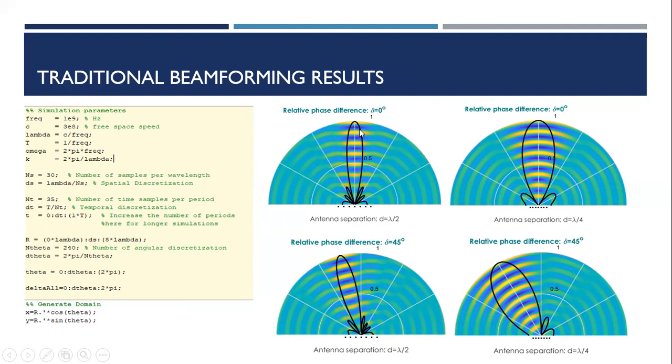As you can see, if the beam is narrow, meaning it has a low HPBW, then the propagating signal would be much more ideal for the far away users in that direction compared to nearby users. For nearby users, this case would be ideal, where the HPBW is much greater compared to this one. And for this case, it would be ideal for the nearby users compared to the far away users.